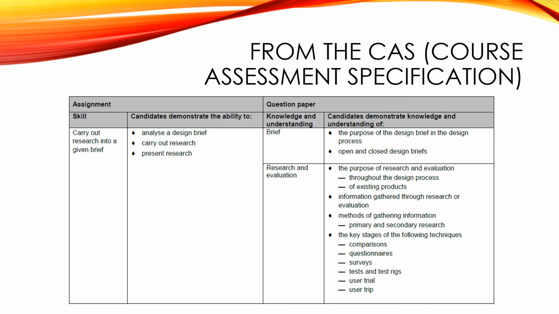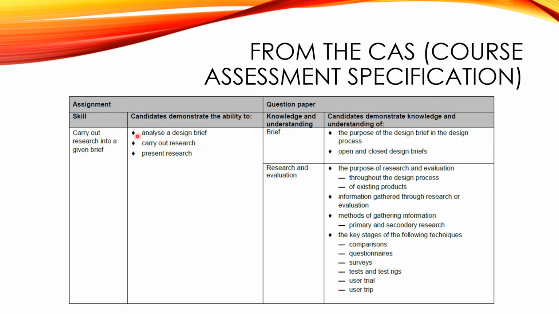So from the course assessment specification, we can see that the design brief is listed in the assignment section and in the question paper section, so we can be expected to show our skills in the final assignment at the end of the year, and we can expect to see questions on it in the exam.